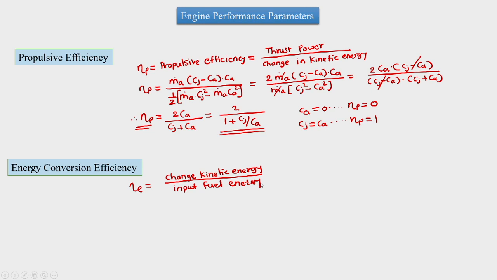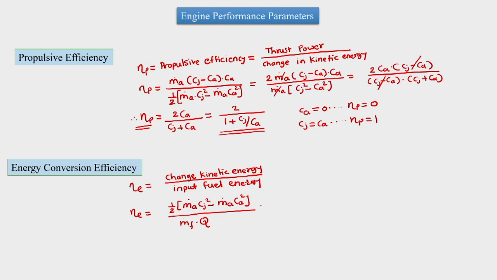And input fuel energy is known to us from the calorific value of the fuel. So change in kinetic energy is already known to us, which is m dot A into Cj square minus m dot A into Ca square divided by 2, and input fuel energy is mass flow rate of fuel into calorific value of the fuel, which is the amount of energy liberated when unit kg of fuel is burnt.